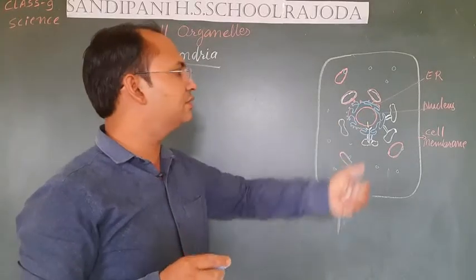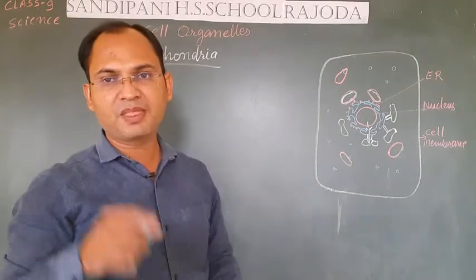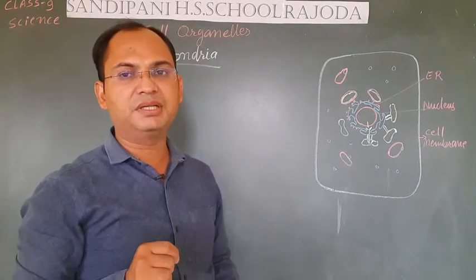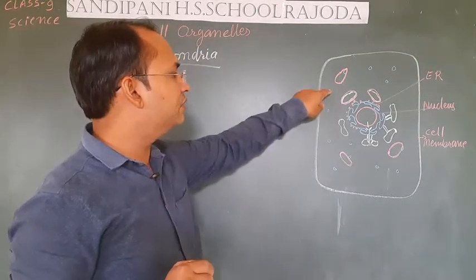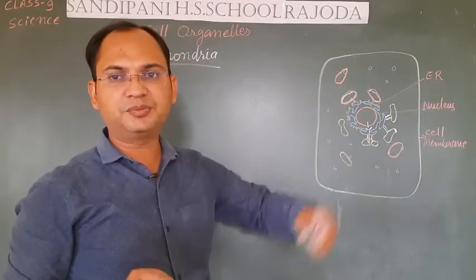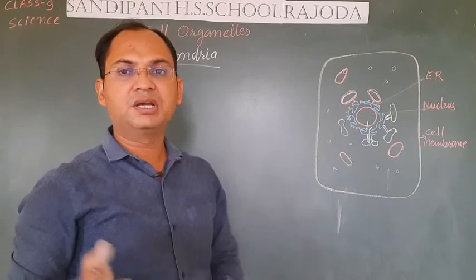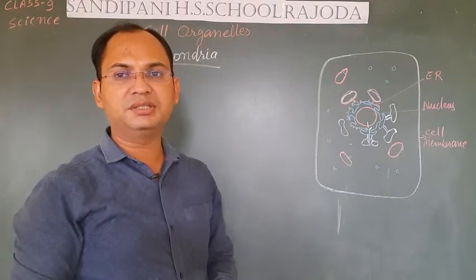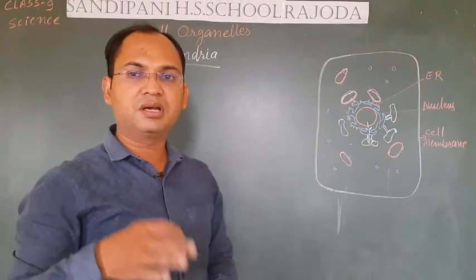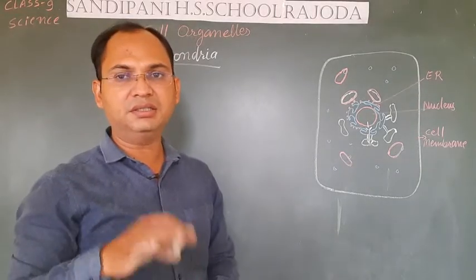Rest of the organelles have a single membrane around them, but mitochondria have a double membrane. One membrane is the outer membrane and it is porous in nature, another membrane is the inner one, the cristae, which is folded inside the mitochondria.